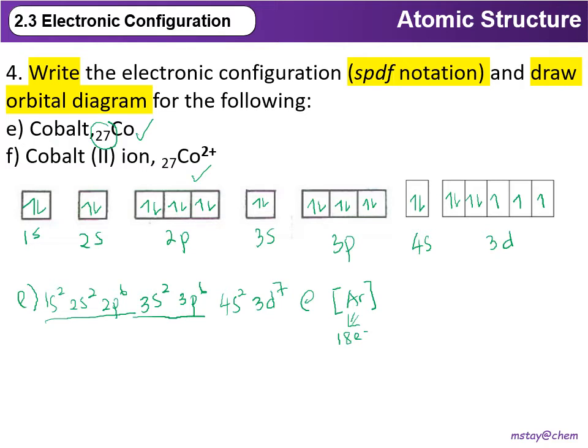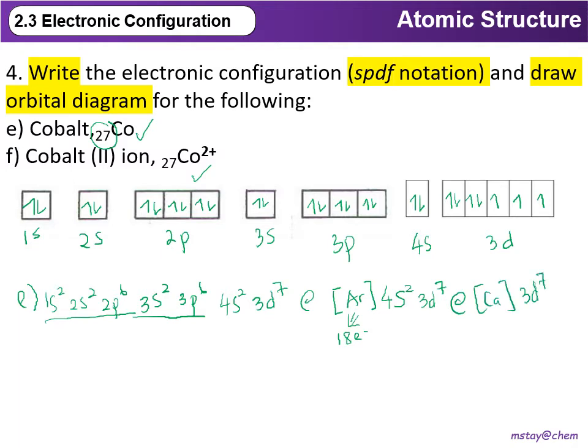This means I can simplify 1s until 3p6 into argon in brackets, followed by 4s2, 3d7. Maybe some of you will ask, Miss, can I use calcium so that I also simplify 4s, and then just write calcium and then 3d7?